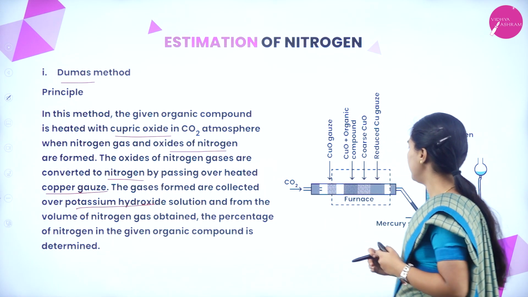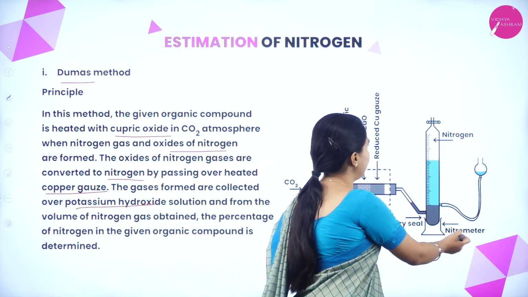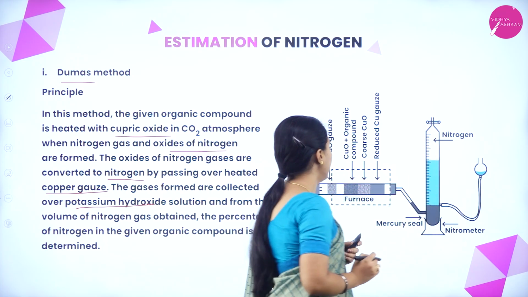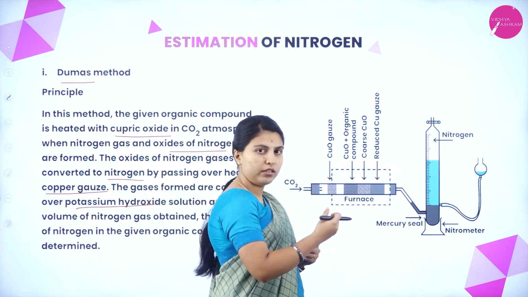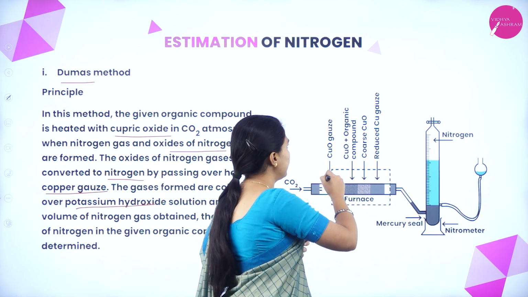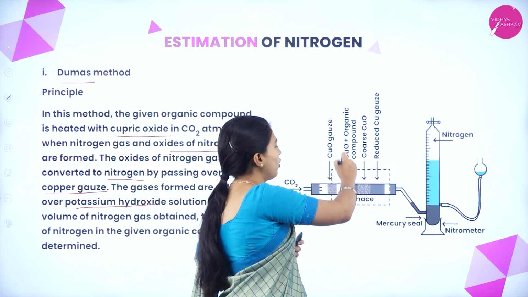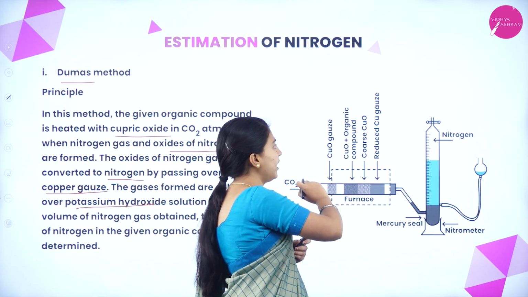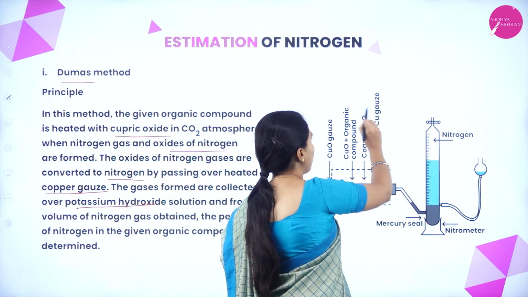See here, this is the overall apparatus. This is the nitrometer. Here the nitrogen gas will be filled, and the carbon dioxide will be passed inside the furnace. This is cupric oxide mixed with the organic compound, this is coarse copper oxide, and this is reduced copper gauze.